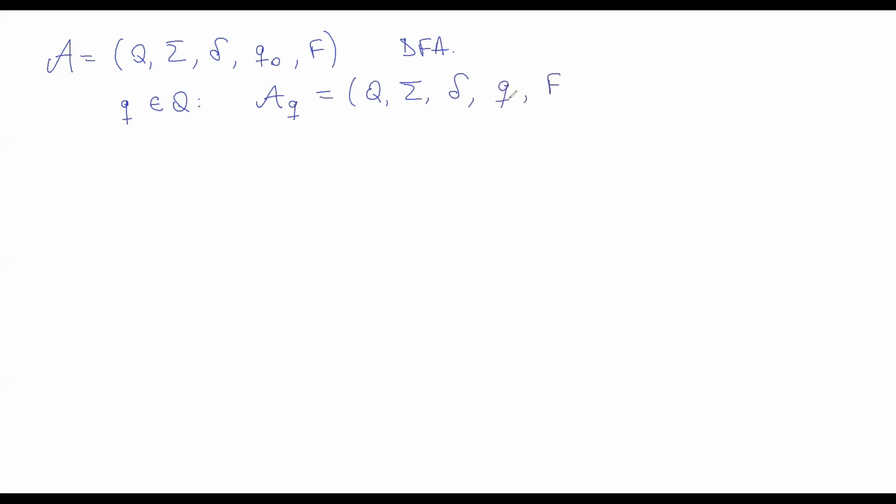It's just that it starts from Q. So this automaton is the automaton recognizing all the words with successful computations starting from state Q. So Q is now your initial state, as opposed to the original one that had Q0 as the initial state.